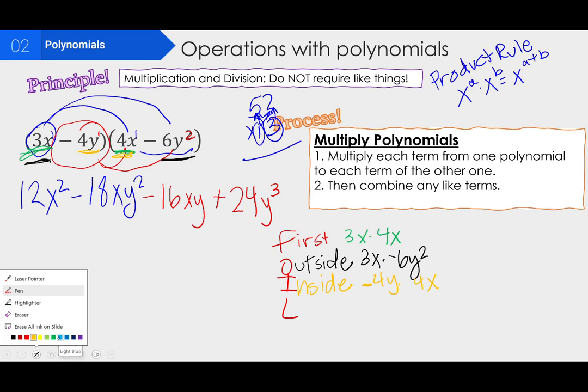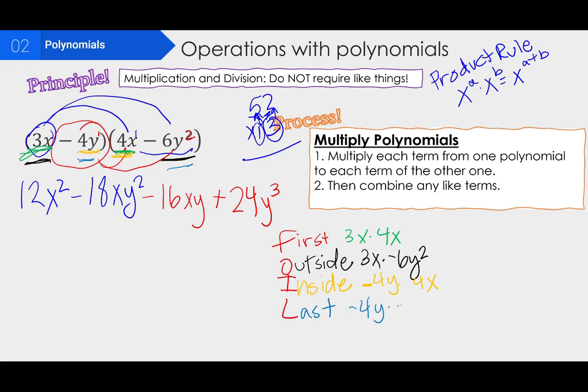Okay, let's go with the dark blue. Last, you're going to look for the last two terms. So that's negative 4y and negative 6y squared. So this is great. It's very useful for keeping track of which two terms you've already multiplied, and to make sure that you get all four of them multiplied.